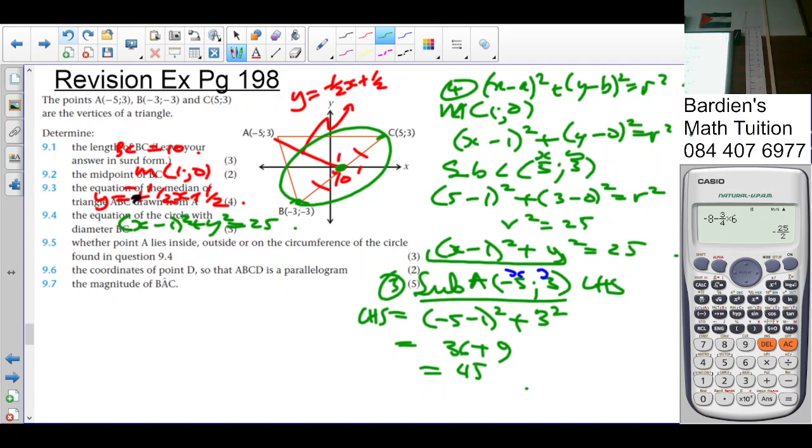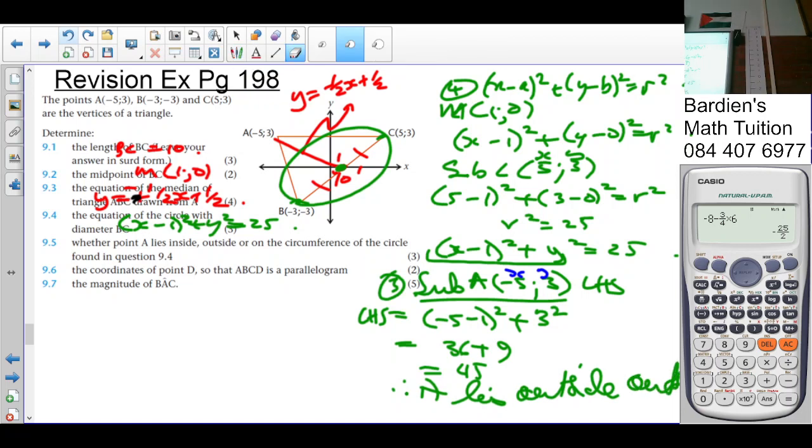The left-hand side is more than 25. So what does that mean? Lies outside. So therefore, A lies outside of the circle. People, you guys understand?